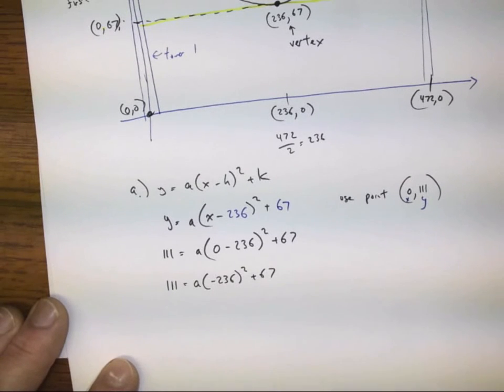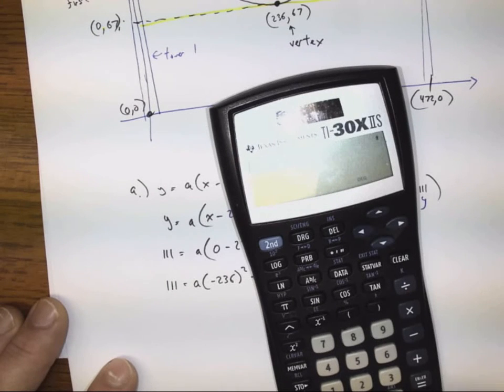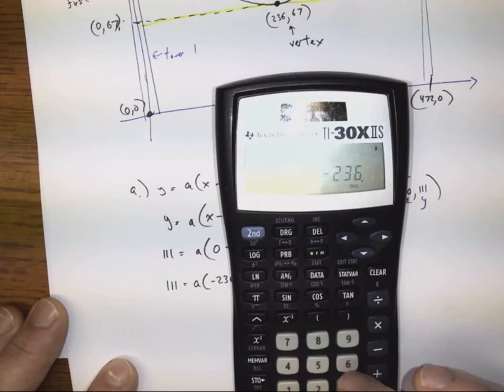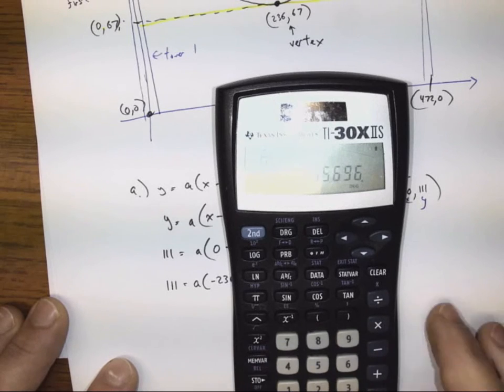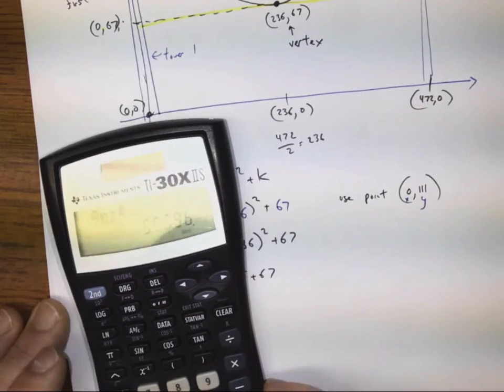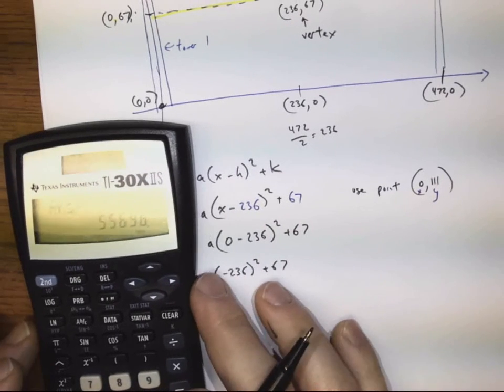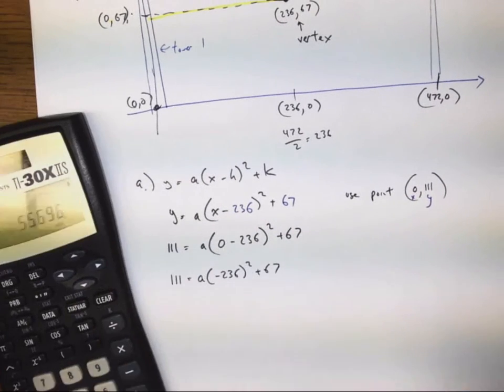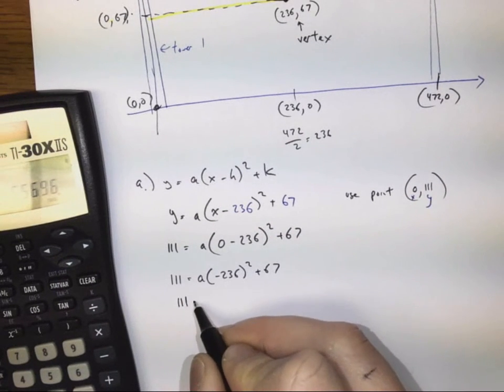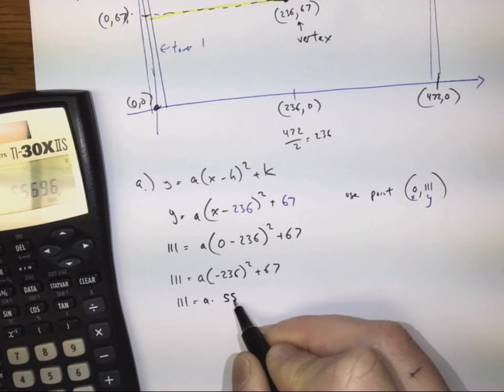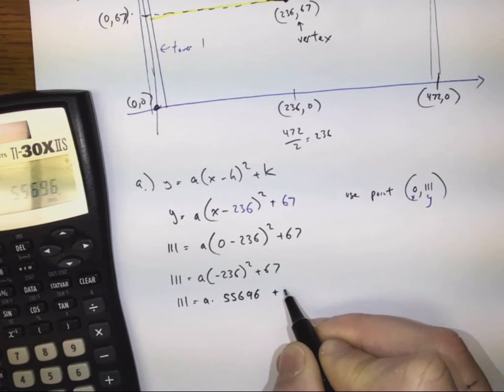Then I should do my exponent step, which is squaring 236. So negative 236 squared, and I get 55,696. So I'm going to replace that with A times 55,696 plus 67.